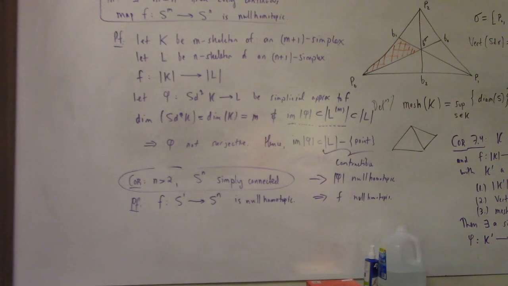Let V be a finite set. An abstract simplicial complex K is a family of non-empty subsets of V called simplexes such that if v is an element of V, then the set containing v is an element of the complex. If S is an element of K and S prime is a subset of S, then S prime is an element of the complex. So basically, if you've got a face, you've got all the subfaces, right?